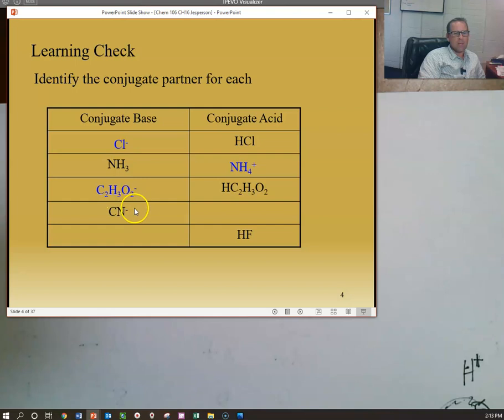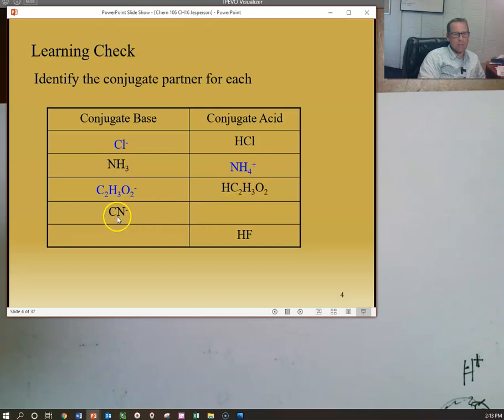Very good. So CN minus, our conjugate base, what would the conjugate acid be if that's our conjugate base? CN plus 1. Well, what do we have to add? We have to add nitrogen. We have to add a hydrogen. That's right, hydrogen.